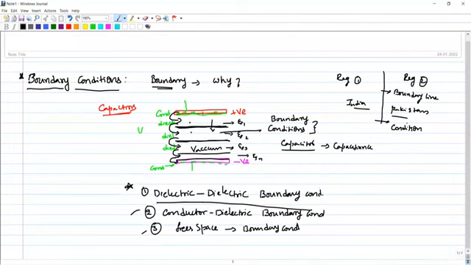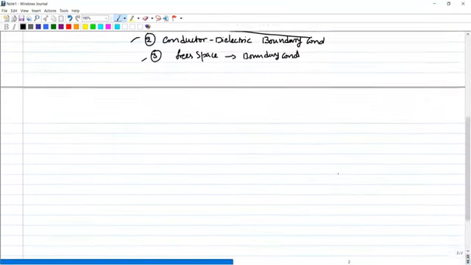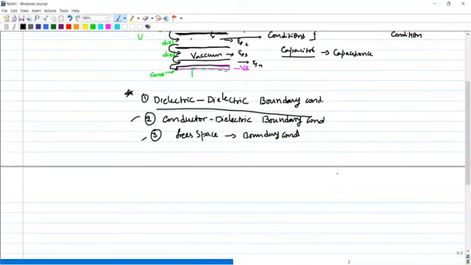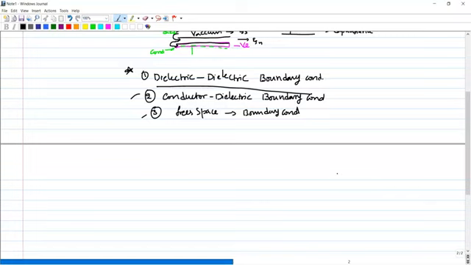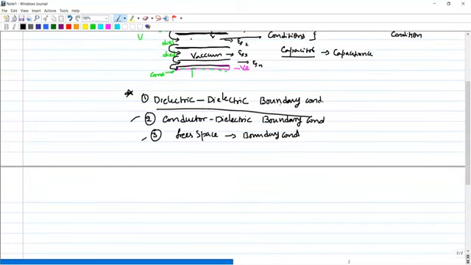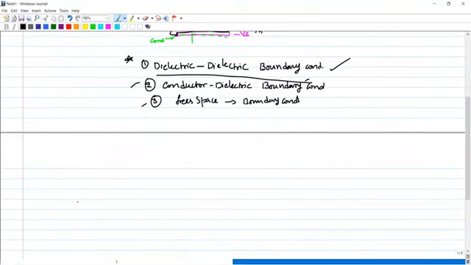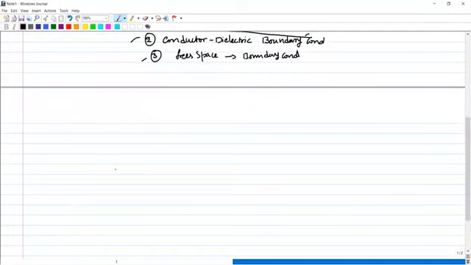Before going into the derivation of dielectric boundary conditions, first we have to see some of the prerequisites, some of the concepts that I am going to use in order to obtain the conditions for dielectric medium.